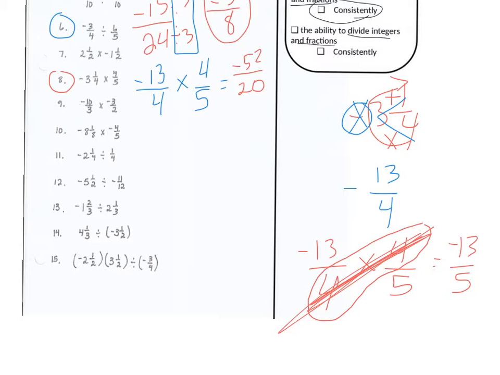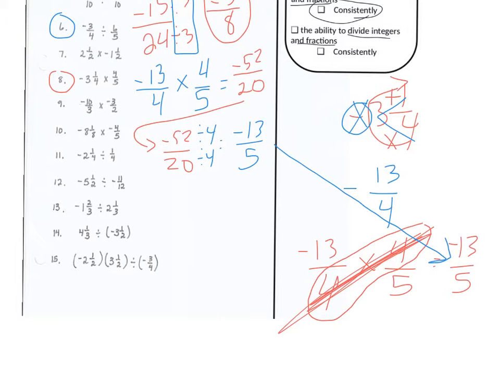I can divide both of those numbers by 4, so I'm going to bring that down here. I get negative 13 over 5, which is the exact same thing there. And then I don't like leaving my numbers as improper fractions, so I will take that number and convert it to negative 2 and 3 over 5. You don't have to circle your final answer, but it's just nice to know that that's your final reduced answer.